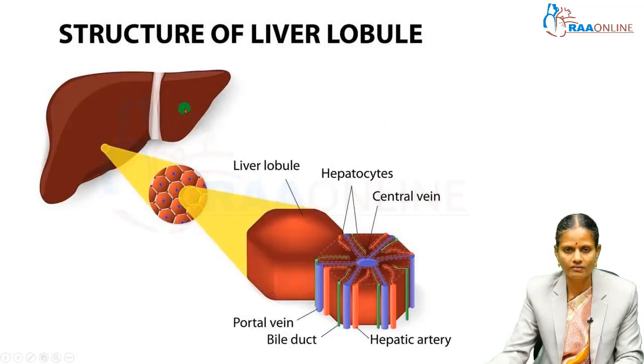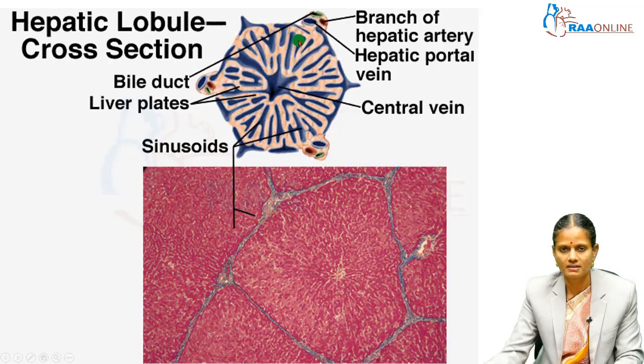Again, this is the liver. It is divided into various lobules which are hexagonal in shape, and in each hexagon we have the acinus, which is triangular in shape, composed of the portal tract at the base and the central vein at the apex. This is again the cut section, a hexagonal shaped lobule with portal tract at the periphery and central vein at the center.